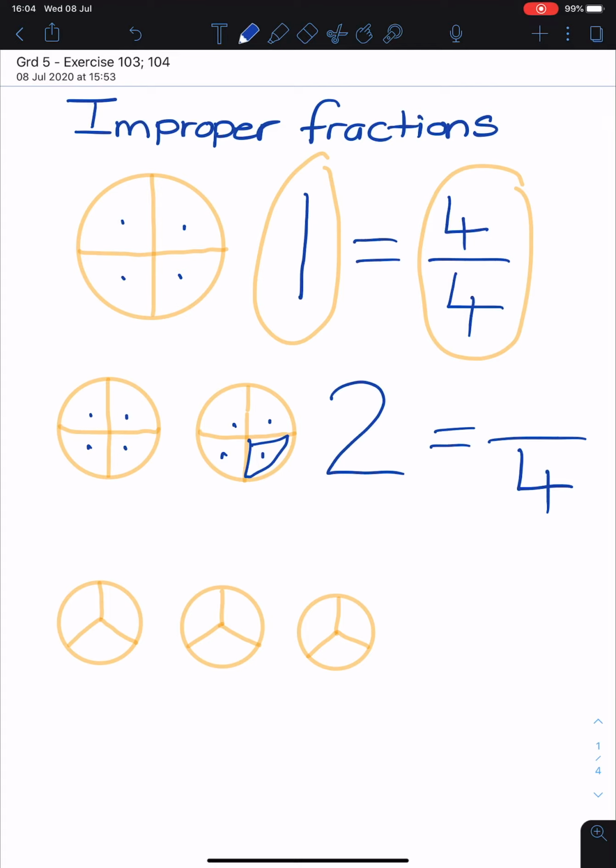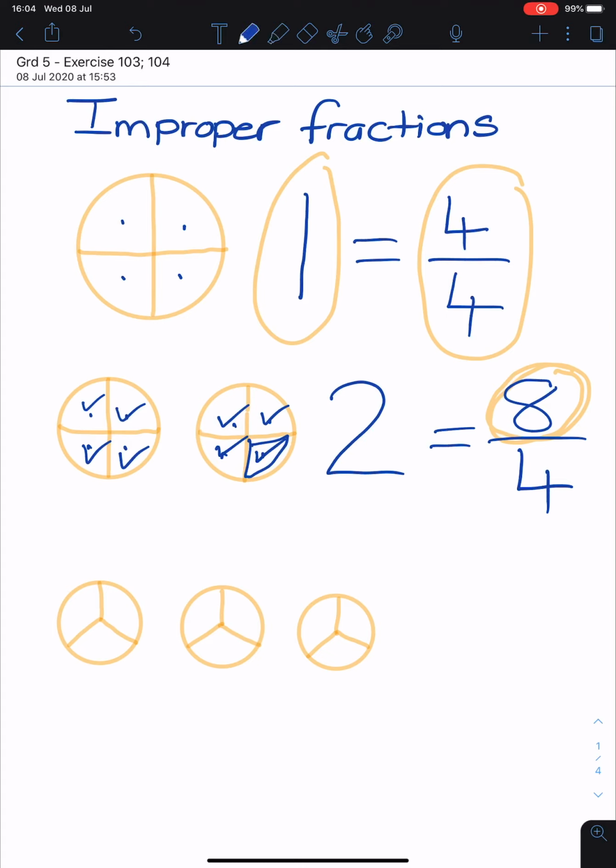How many quarters do I have? 1, 2, 3, 4, 5, 6, 7, 8. I have 8 quarters. Now you will notice that the top number of this fraction is bigger than the denominator. We call this an improper fraction, when the top is bigger than the bottom.